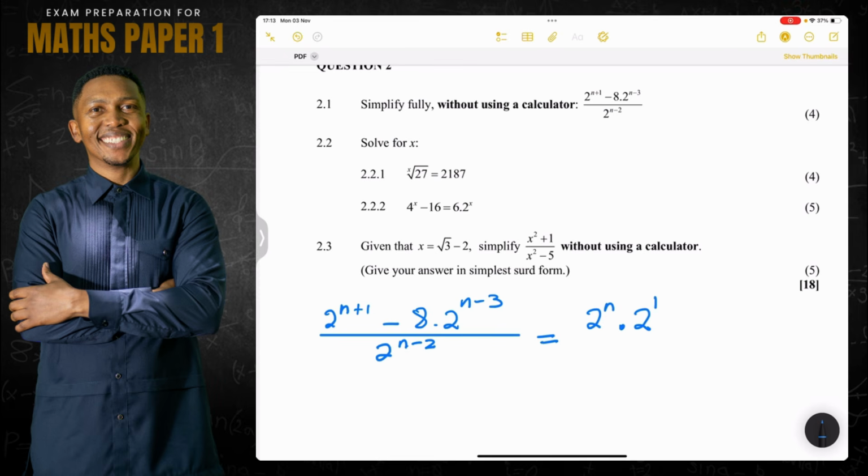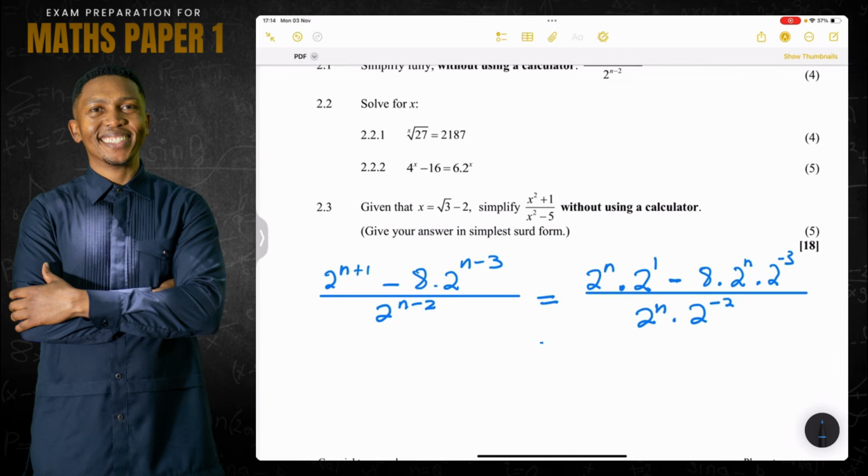So that's minus 8, multiplied by 2 exponent n multiplied by 2 to the exponent minus 3. Right, this is divided by 2 to the exponent of n multiplied by 2 exponent of minus 2.